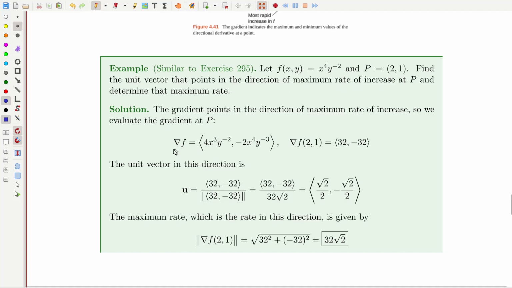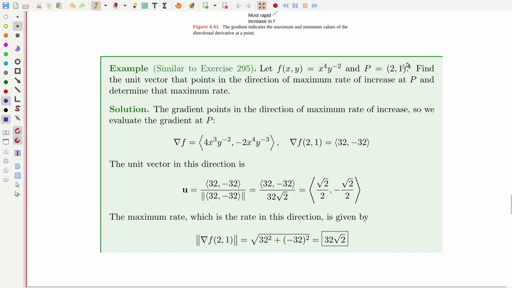So what you do is you compute the gradient, and then you evaluate it at the point. Computing the gradient, the derivative with respect to x is going to be 4x cubed y to the negative second. The derivative with respect to y is going to pull out a minus 2 y to the negative third, x to the fourth.